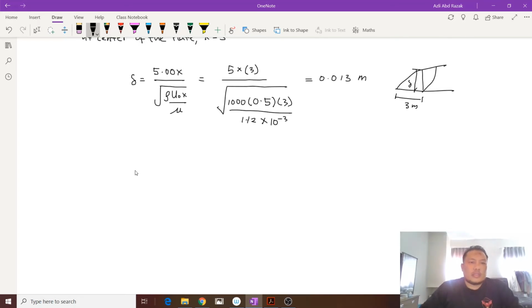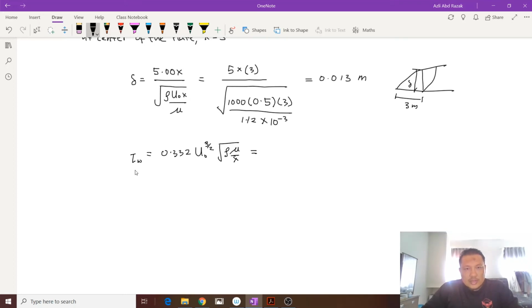Now the second one, if we solve for the tau wall. What is the tau wall? As I said just now, tau wall is equal to 0.332 u naught to the power of 3 over 2 times the square root of rho mu over x.